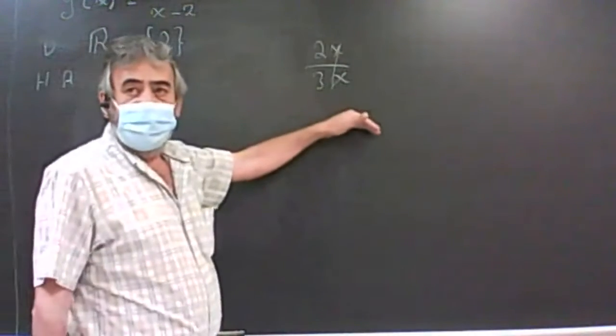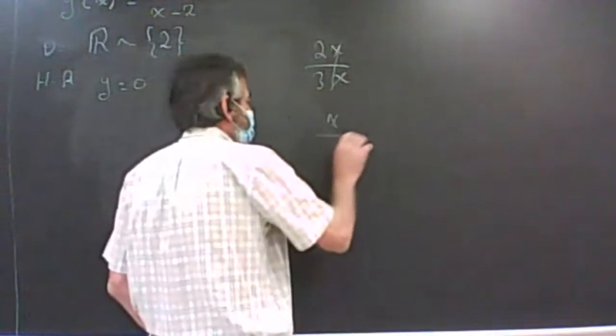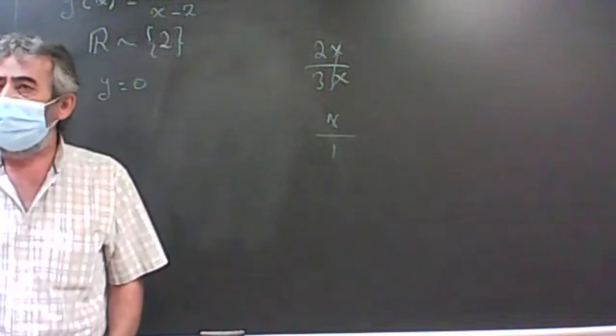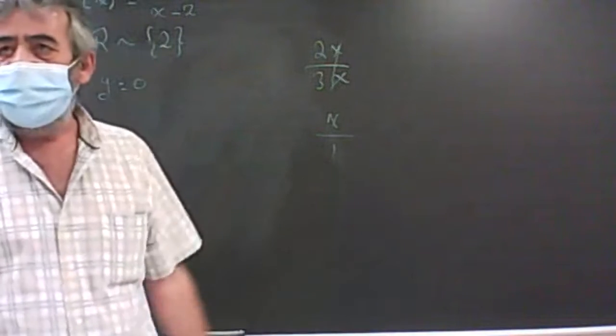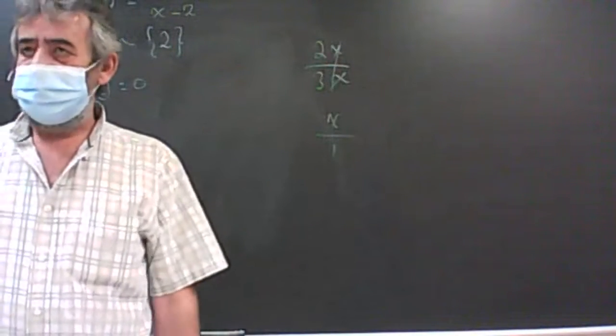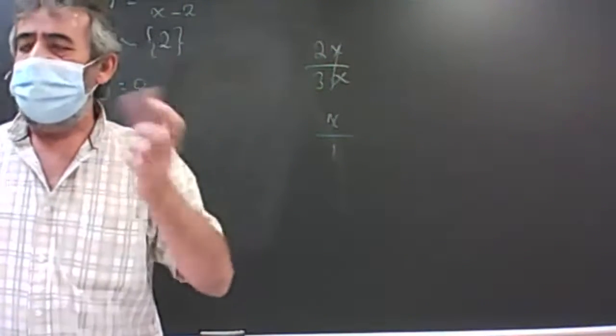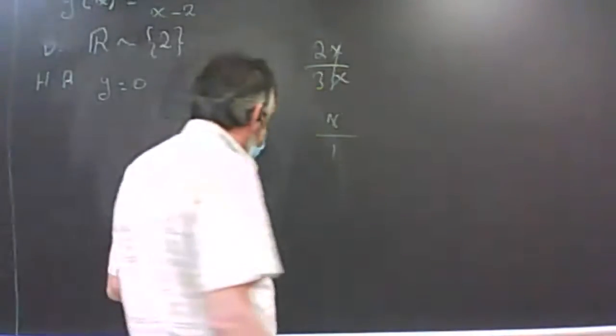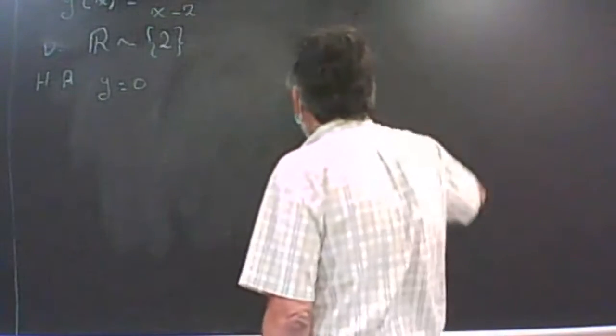The top is bigger than the bottom, so I'm just going to put x over 1. If x is infinity, what's infinity over 1? No horizontal asymptote. Does that explain a little bit better so you don't have to memorize all of these rules? Okay, cool. So in this particular problem, the top is less than the bottom, automatically 0, so y equals 0 is your horizontal asymptote.